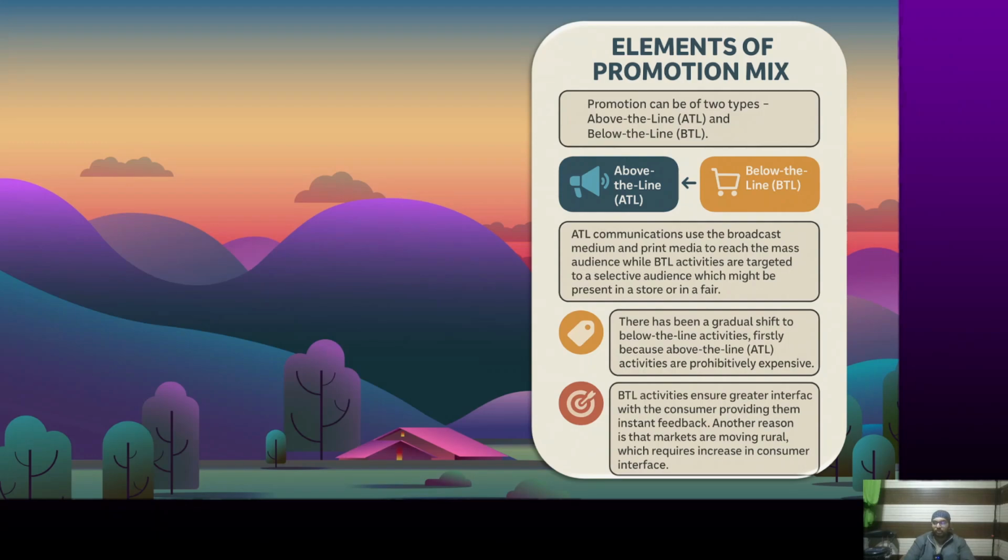All your promotional tools are centered around either a very broad approach or a very targeted approach. Lately, we have been seeing that the companies are shifting from above the line to below the line because above the line is usually very costly because you have to employ means which will reach a larger base. Below the line items, because they are very targeted, are cheaper to employ.